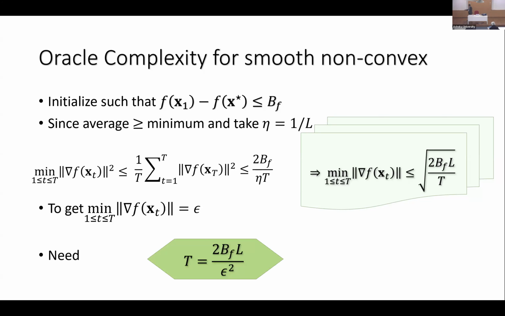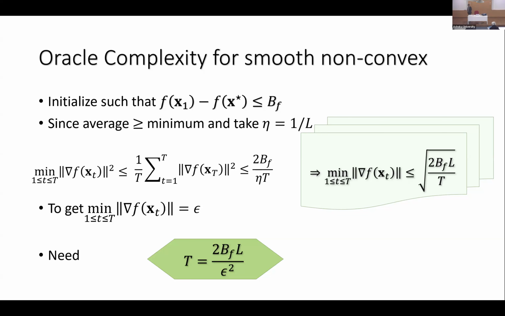And therefore the number of iterations needed is, I've just inverted this: this is equal to epsilon, so t should be equal to 2 b_f L by epsilon square. So this kind of equation tells us the oracle complexity in terms of epsilon.